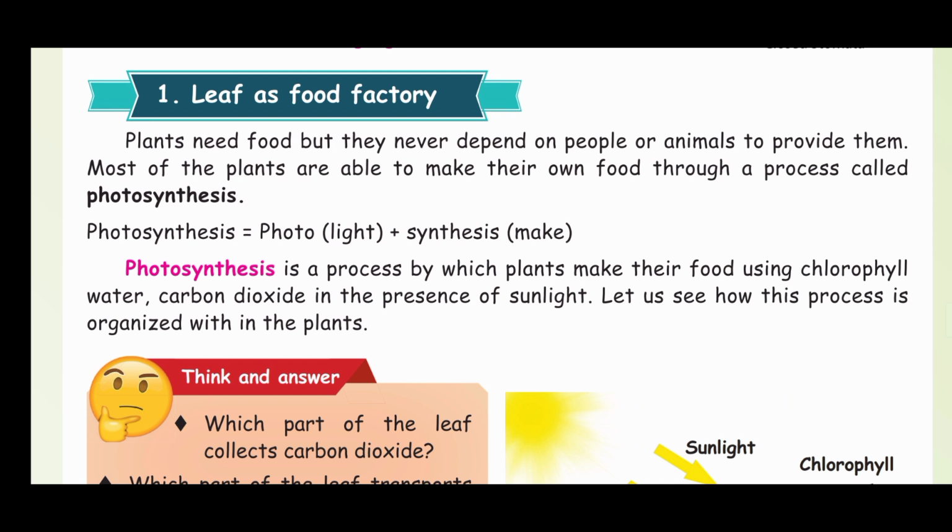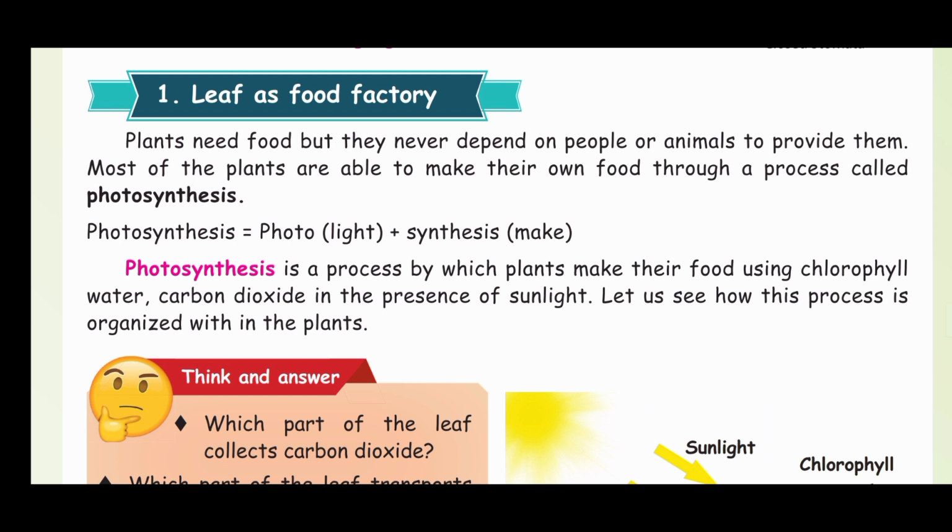How? That is the next question. Using chlorophyll, water, carbon dioxide in the presence of sunlight. Chlorophyll means the green pigment that the leaves or the plant has. Water, we can give them, otherwise through rain it will get there. Carbon dioxide: we human beings inhale oxygen and leave out carbon dioxide.